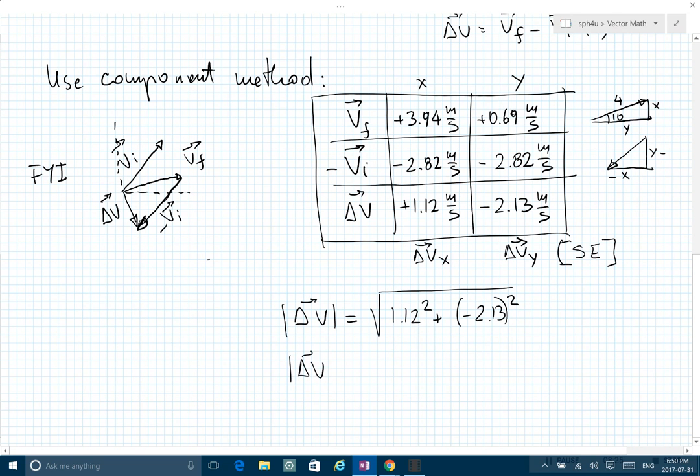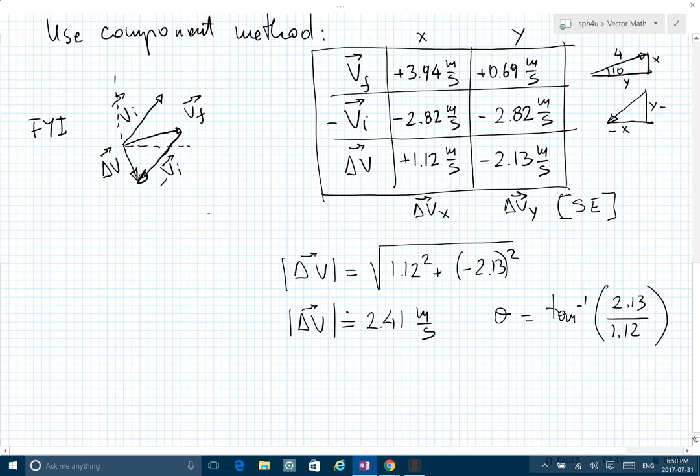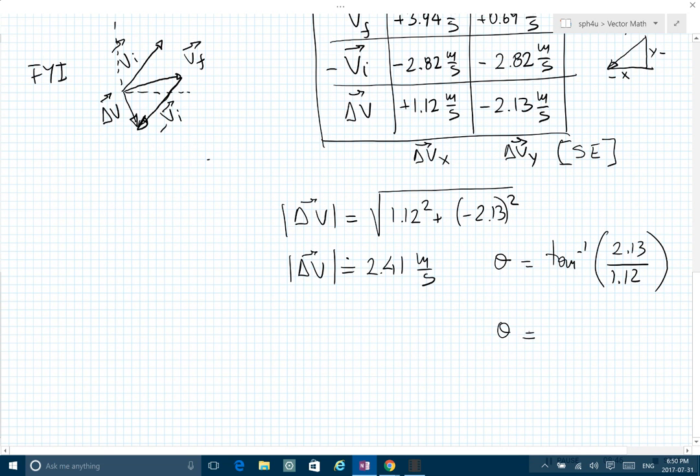So delta V is approximately 2.41 meters per second, and the angle is inverse tan of 2.13 over 1.12. No units, obviously. So theta is approximately equal to 62.3 degrees. If you put the signs, you get a negative 62.3 degrees, which tells you the fourth quadrant, or the southeast. But we know that already.